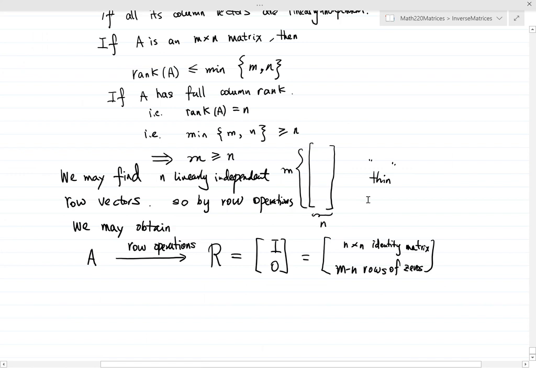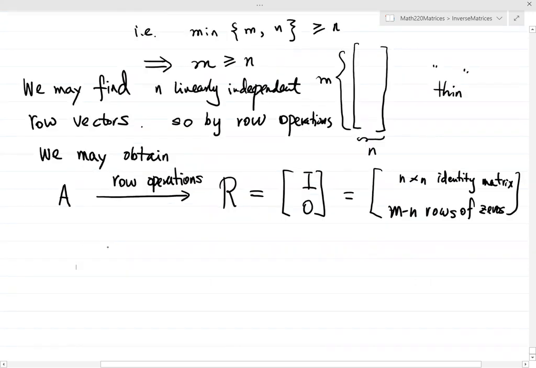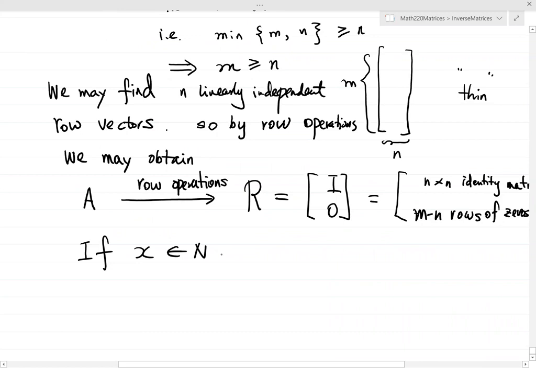Now we look at the null space. Remember the 3 row operations are invertible. So if x is in the null space, this is equivalent to Ax being 0. Now this means we can do the invertible operation.